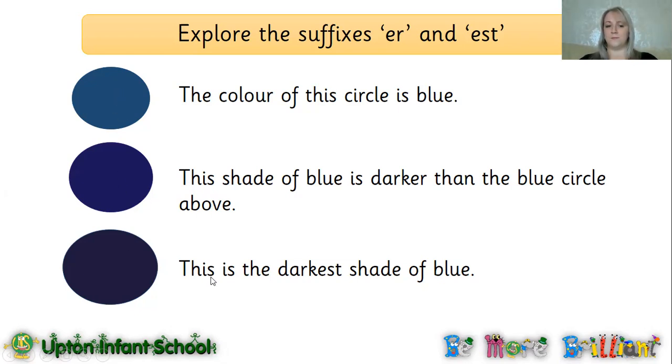And then this bottom sentence I have written, this is the darkest shade of blue. Now, I have changed my suffix again, and I'm telling you that this is the darkest colour. So even again, if you couldn't see, you now know that there are three circles on the page. One is blue, one is a darker blue, and one is the darkest blue. And I've just changed the meaning of that word by adding the er and the est.